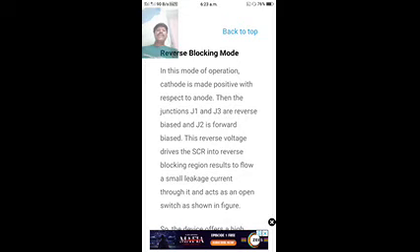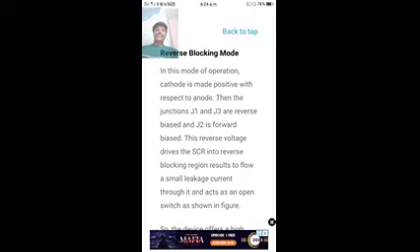Cathode is connected with positive supply, anode is connected with negative supply, and the gate terminal is kept open. The junctions J1 and J3 are reverse biased and J2 is forward biased. J1 and J3 on either side of the SCR are reverse biased, and the junction J2 in the middle is forward biased.